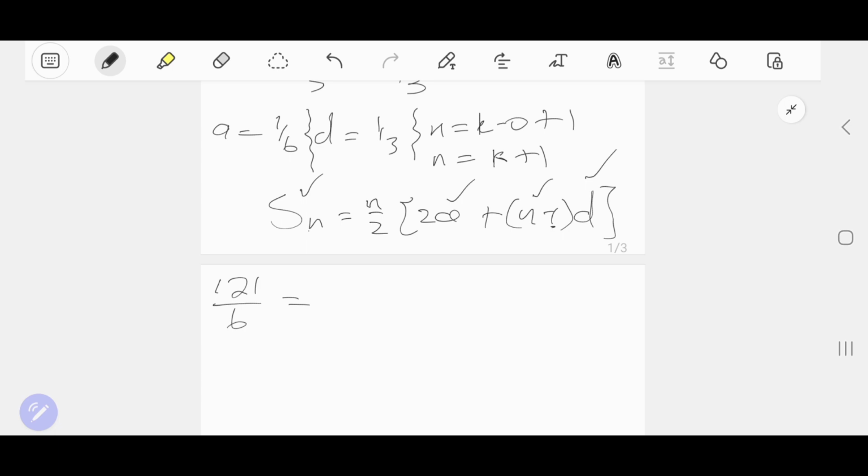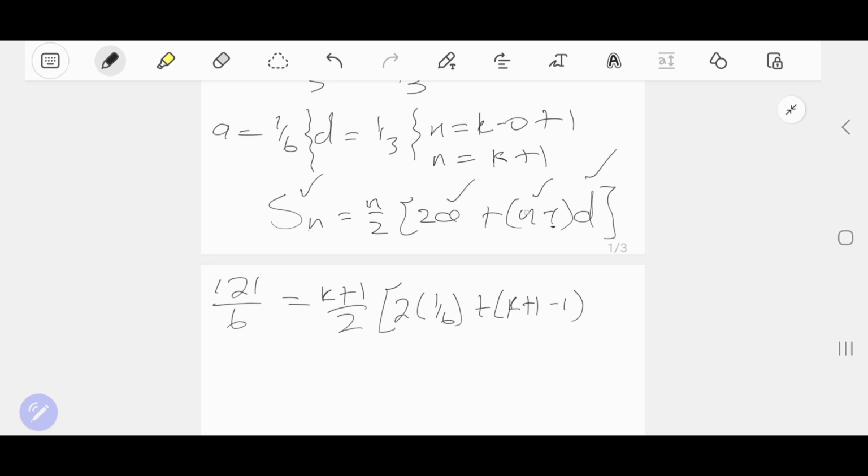So please be careful. So it's going to be (k plus 1) over 2 times (2a, my a is going to be 1 over 6, plus my n, which is k plus 1, and the negative 1 of this formula).